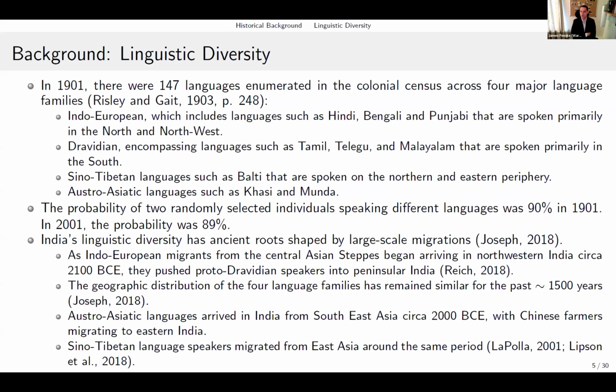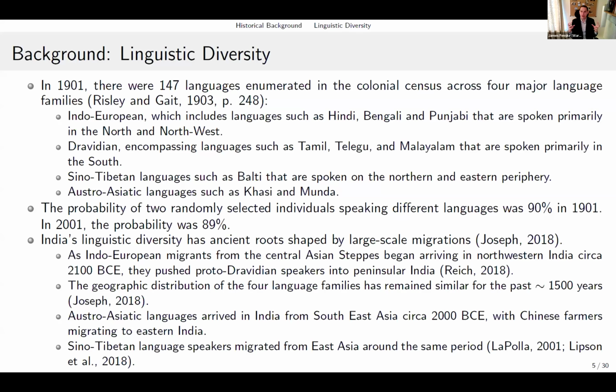The Indo-European languages, think Hindi, think Punjabi, think Haryanvi, are largely in the north and in the northwest. This is going to be the largest group of speakers in the country. Dravidian languages, things like Malayalam, things like Tamil, are generally found in the south, in places like modern-day Kerala, places like modern-day Tamil Nadu.